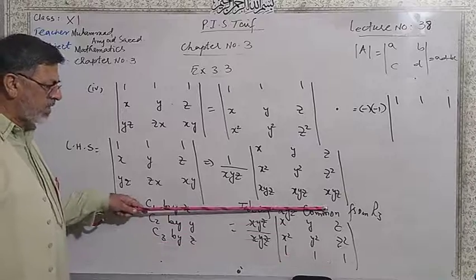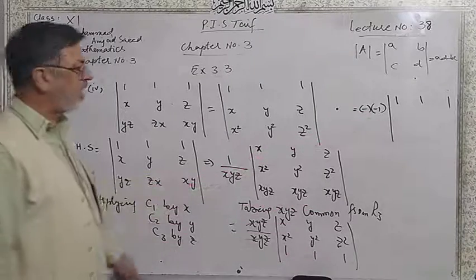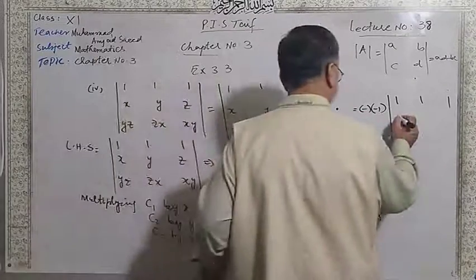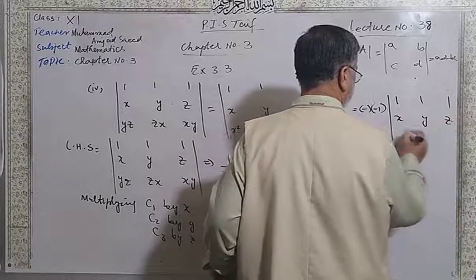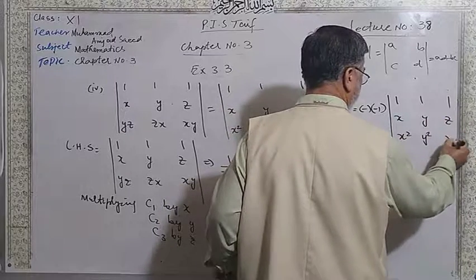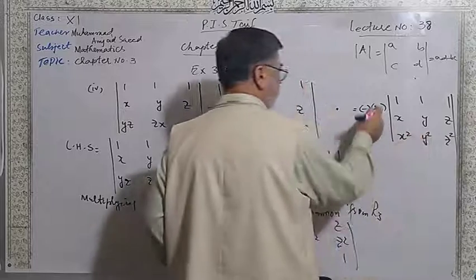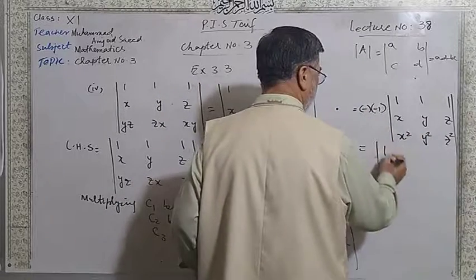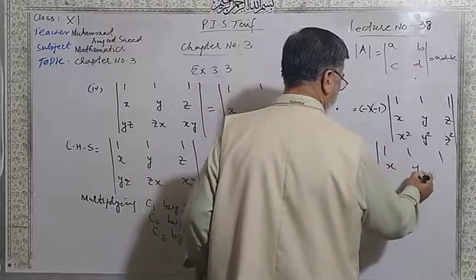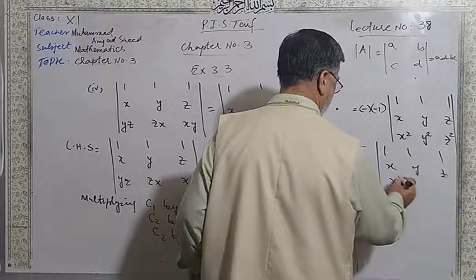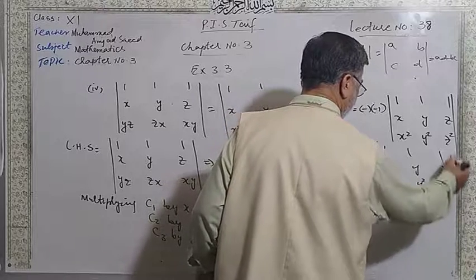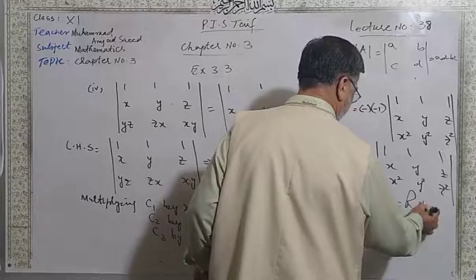R3 jumps 2 rows. So that's why 2 times minus 1 come. Here is x, y, z, x square, y square and z square. You know that this is minus minus plus 1 1 1 x, y, z, x square, y square and z square. That is your right hand side.